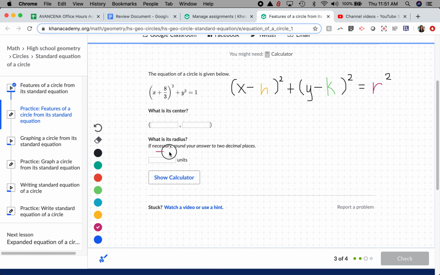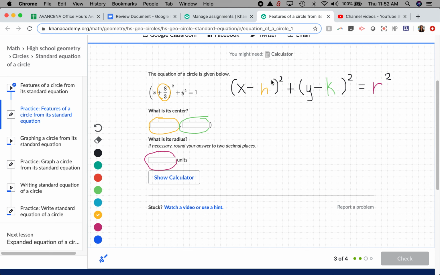All right, so this is my radius. This is the h, which is the x value of my center. And this is the k, which is the y value of my center. All right, so looking here, the value being added to x is a positive 8/3.